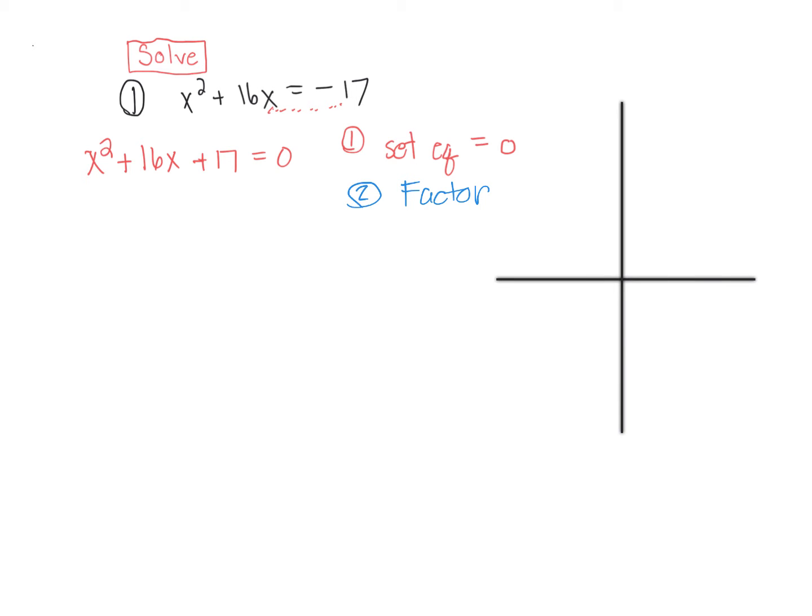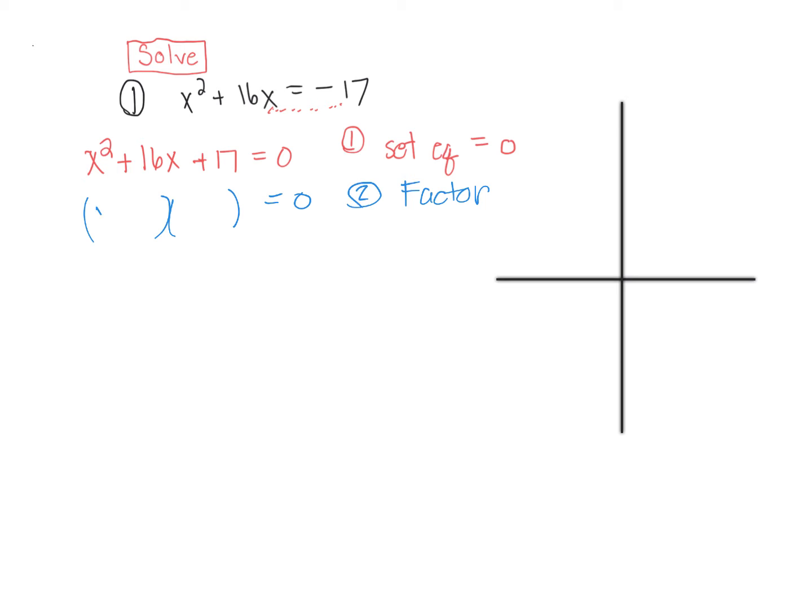And when you do, they get written right here. So right now you need to pause the video and go and factor x squared plus 16x plus 17. And when you're finished, start the video again.